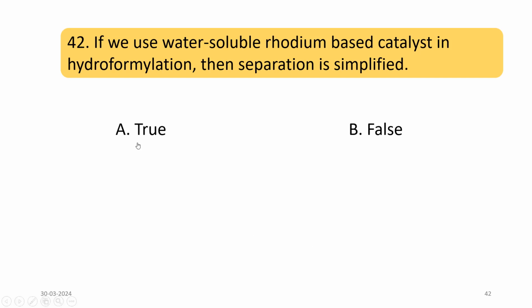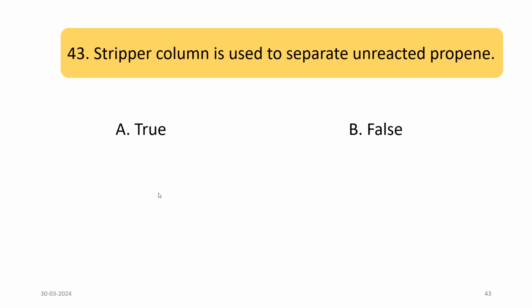The answer is true. If water-soluble catalyst can be used, then the separation will be simplified. Next, stripper column is used to separate unreacted propene.